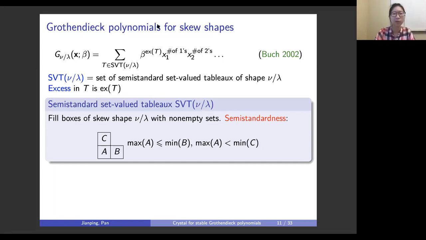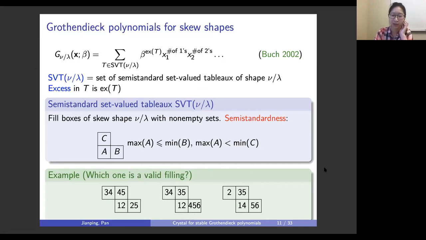Okay, next I'll require some audience participation. Which one is a valid filling for the skew shape 3-2 skew 1? So the row is weakly increasing; track the maximum with the minimum of its right neighbor and the neighbor above.